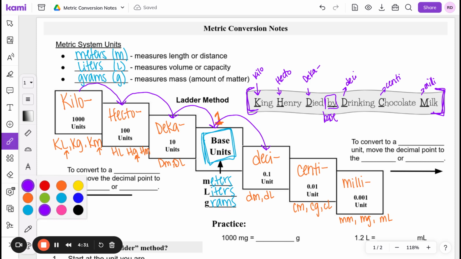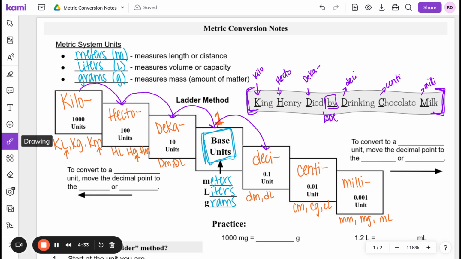Filling in the rest of the information around this ladder. It says to convert to a larger unit, so we're going to move the decimal point to the left or divide. So that means as you move to the left on the ladder, so if you go from the base units up to kilo, you're getting bigger, so you're moving left or dividing.